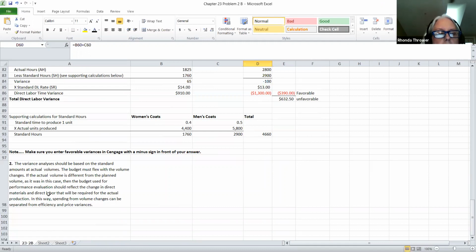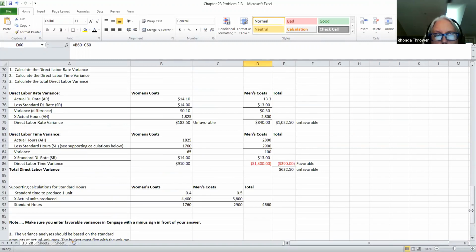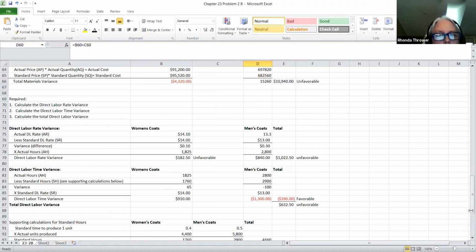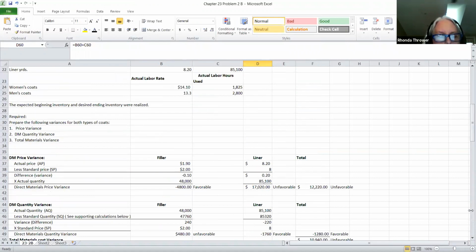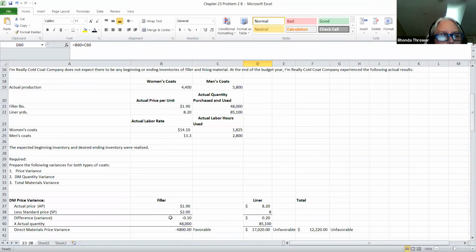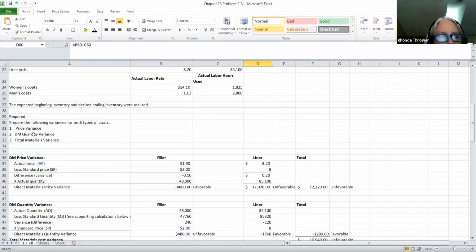And so they had one more part that they wanted you to analyze, and it was basically just fill in the blank. And it talks about the various analysis here. So what I want you to learn how to do, class, is you need to know how to calculate the price variance, the direct materials quantity variance, and the total materials variance.